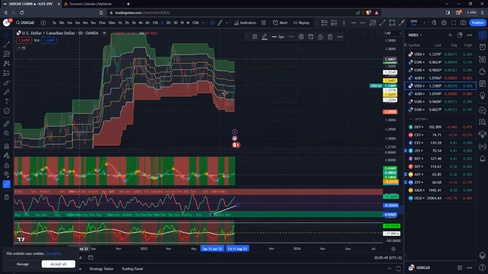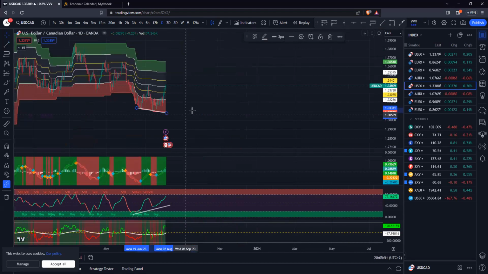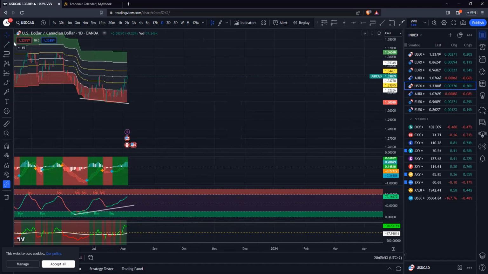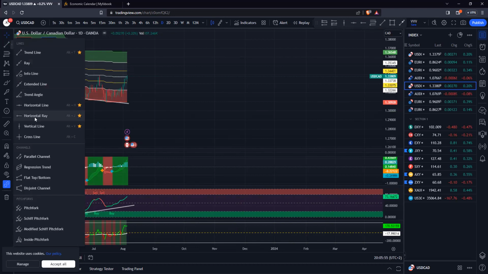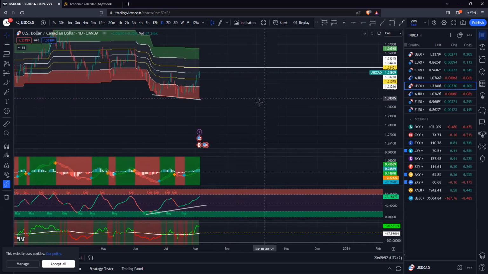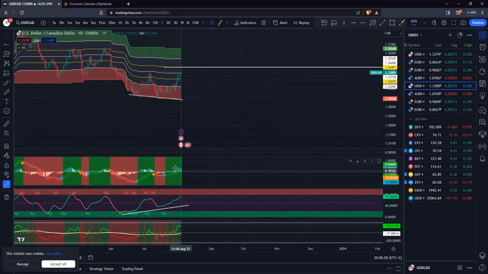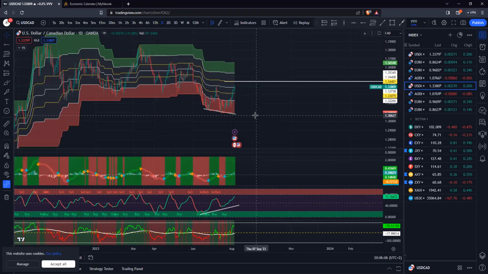It was a nice divergence, and the first target is the 61. Actually, the volume is still rising, almost the same thing we could see on the DXY last week.